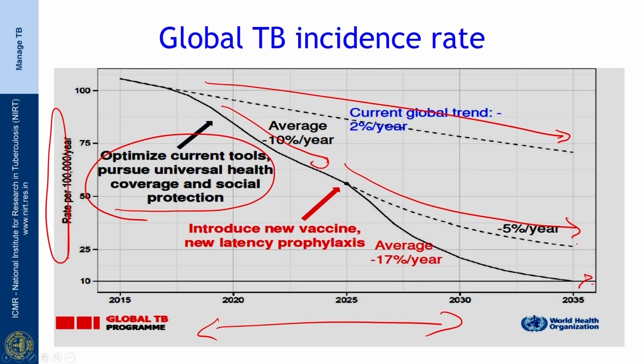If you want to achieve the 90% reduction in incidence rate by 2035, you need to introduce new vaccines and you need to treat latent TB. Only if these are done is there any hope of achieving the targets set as the End TB strategy of the WHO.